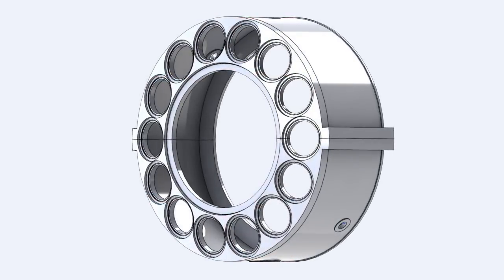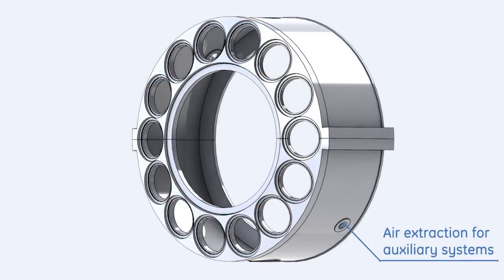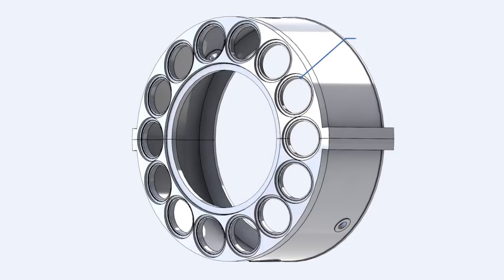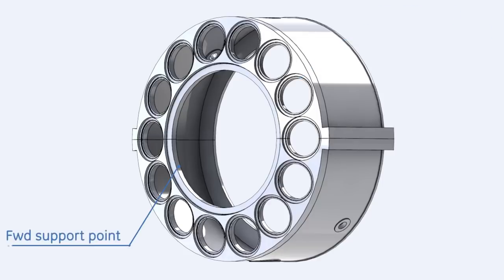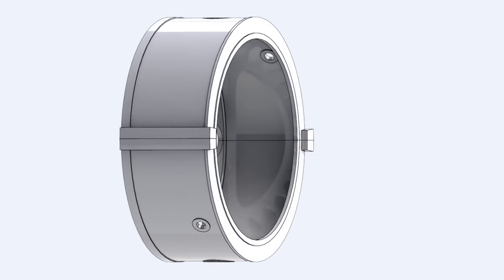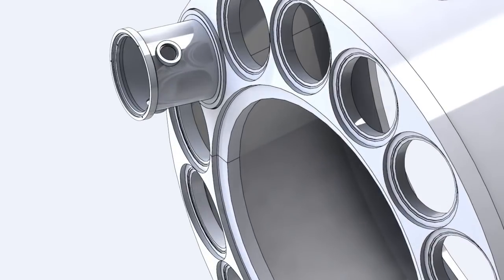The forward face of the wrapper is slanted at 13 degrees angle from the vertical and contains machined openings to mount the 14 combustion chamber covers. The wrapper is supported by the compressor discharge casing and the turbine shell. The combustion chamber cover function is to carry the combustion chamber components.